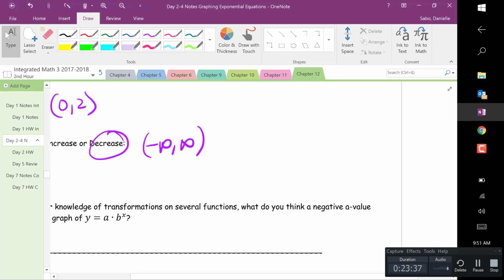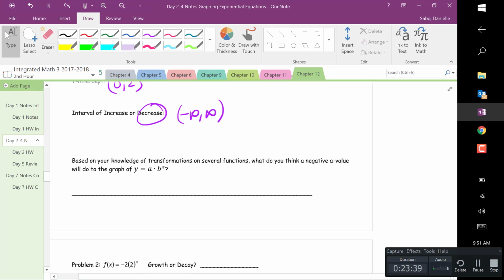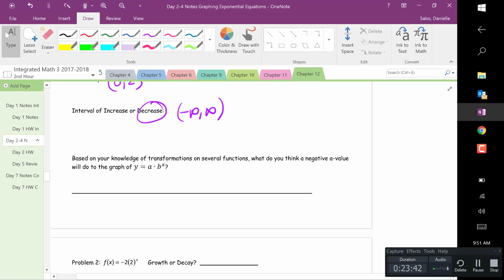Okay, now let's talk about transformations, which we've done a lot of in our Math 3 career here. Based on your knowledge of transformations on several functions, when I had a parabola and a negative a value, what happened? It reflected over what axis? The x-axis.